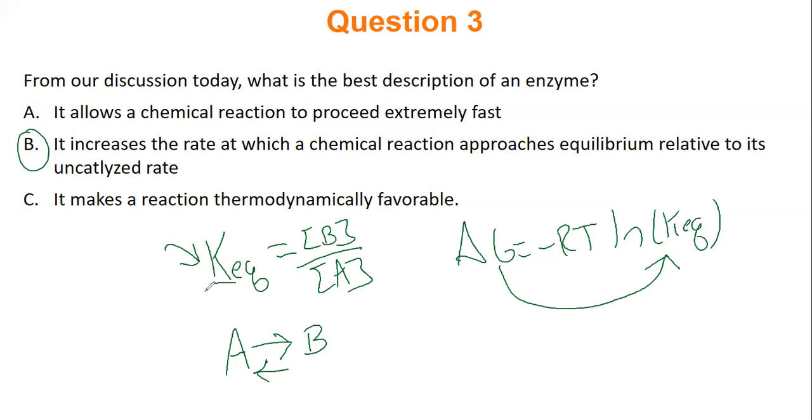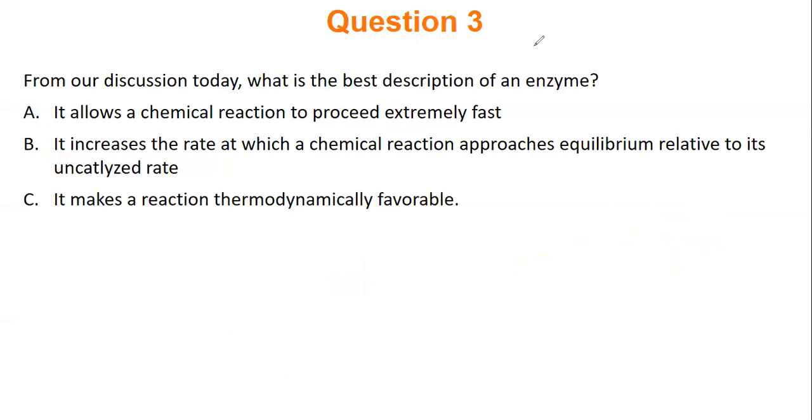It increases the rate at which you approach equilibrium relative to an uncatalyzed rate. So it'll make equilibrium get there faster. And I'm glad no one picked C. If a reaction is thermodynamically unfavorable, an enzyme's not going to do anything to change that. So the correct answer is B.